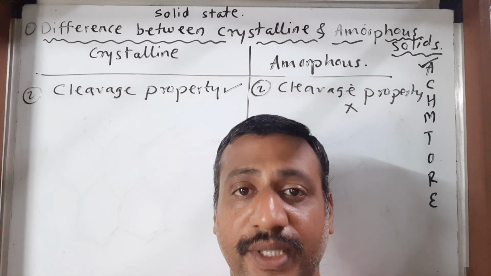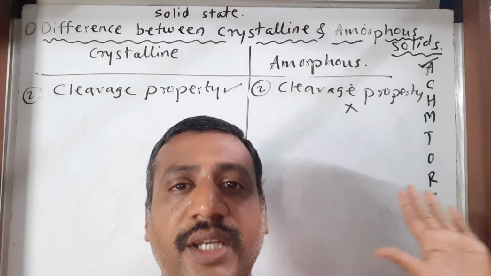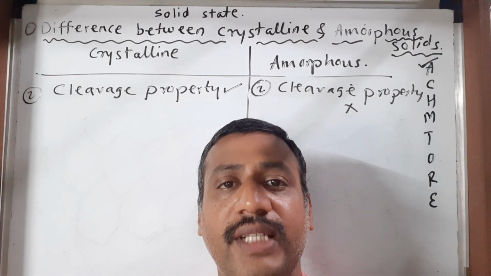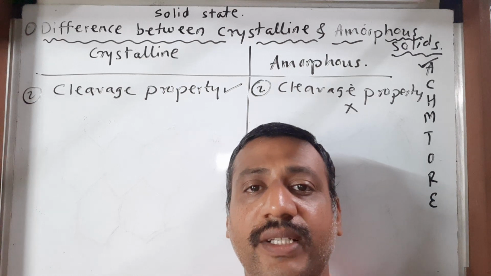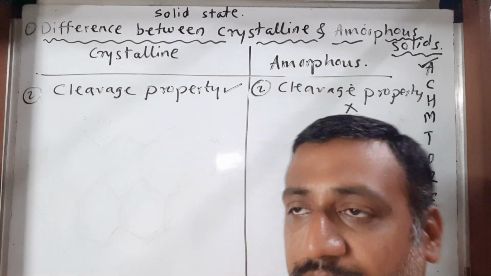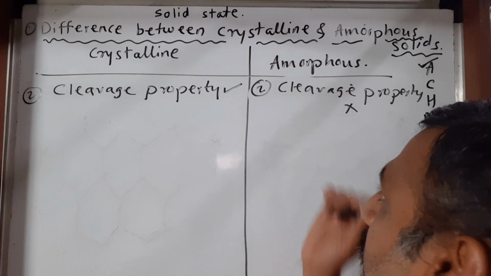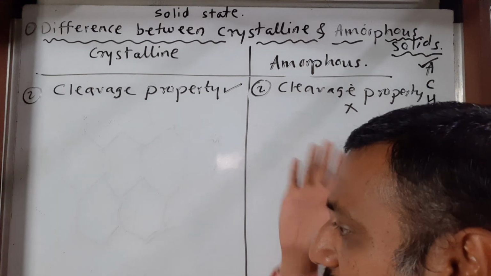is known as the cleavage property. And opposite to this, if we cut an amorphous solid with a sharp-edged tool, we are not going to get smooth plane surfaces, okay? So it doesn't show the cleavage property.